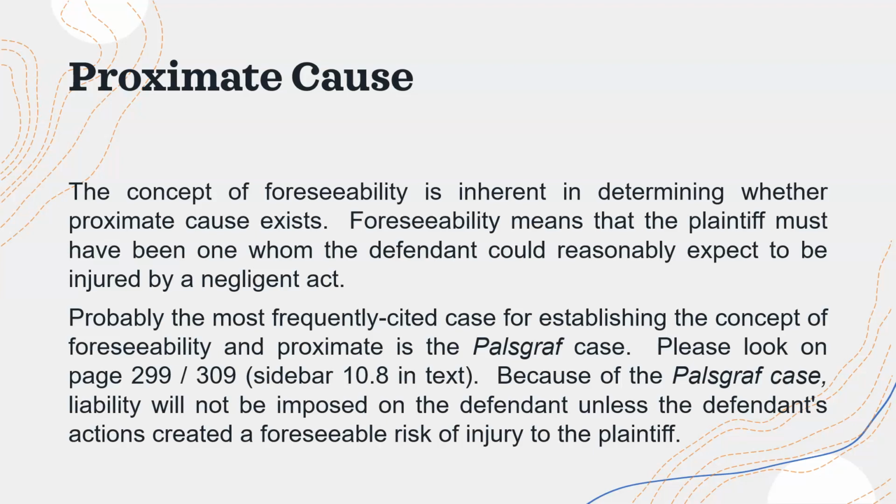The repercussions of the explosion caused big scales at the other end of the train platform to fall on Ms. Palsgraf, causing her injury, and because of her injuries, she later sued the railroad company. At the trial, a jury found that the railroad guards or attendants had been negligent in their conduct.